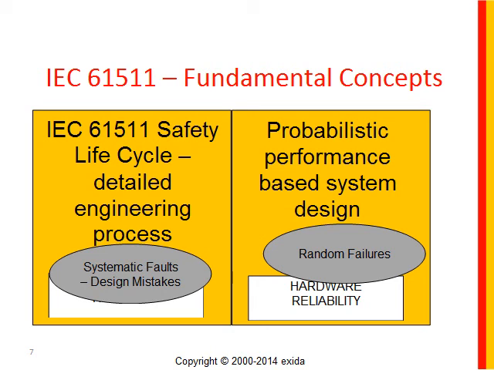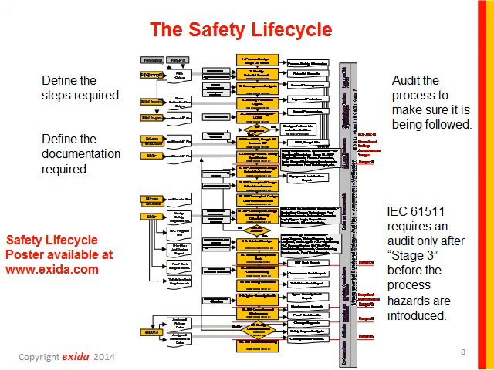The CFSE program is part of the concept of the safety lifecycle, and of course, competency is an important protection against design mistakes. The safety lifecycle is a series of steps defined to help us prevent mistakes. The safety lifecycle defines the documentation required for any project.